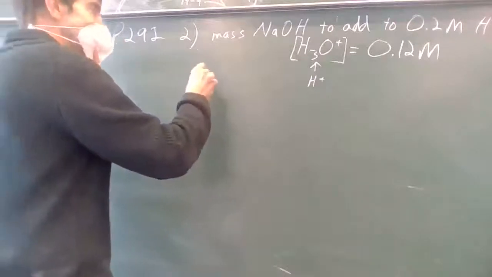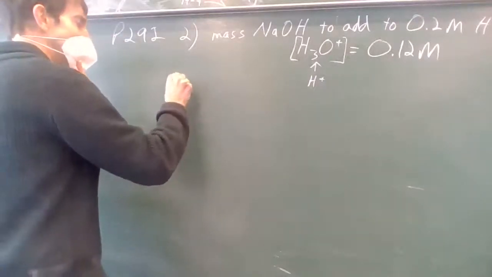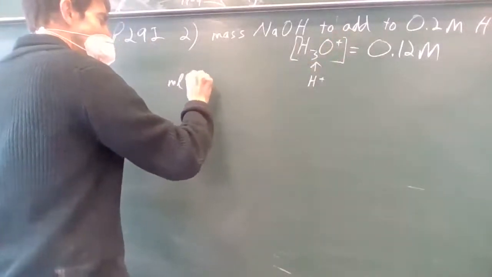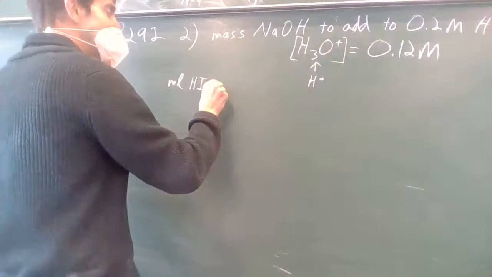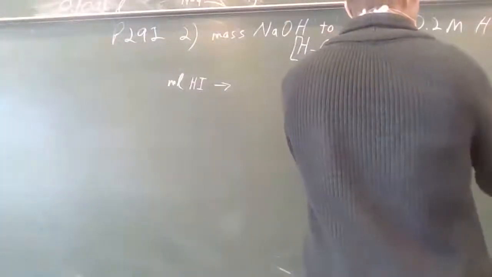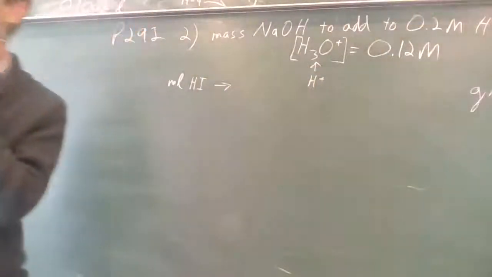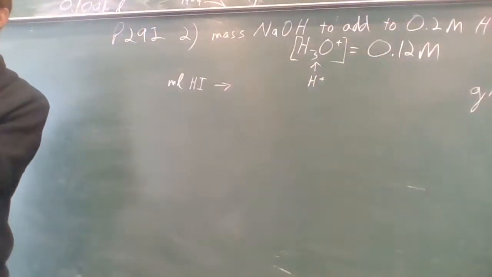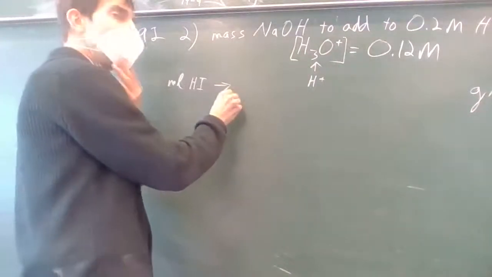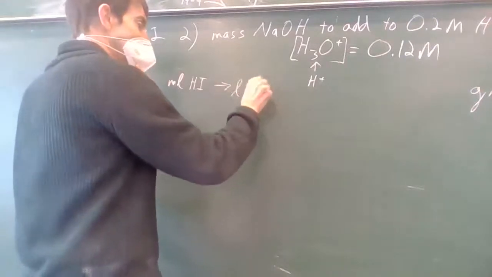Let's make a plan. I don't often make plans, but I think this time it'll be useful. I'm starting with milliliters of HI. And eventually I want to get grams NaOH. Lead me over there, just like we did at the start of the year. I'm probably going to change milliliters of HI to moles. How about first to liters of HI?